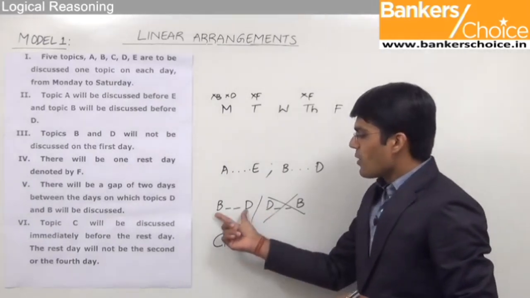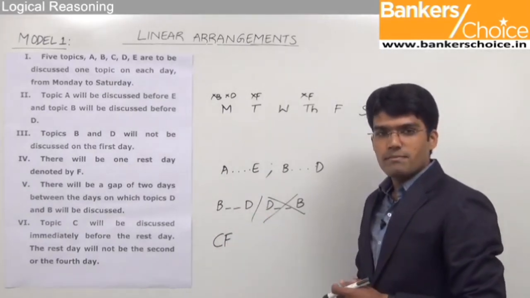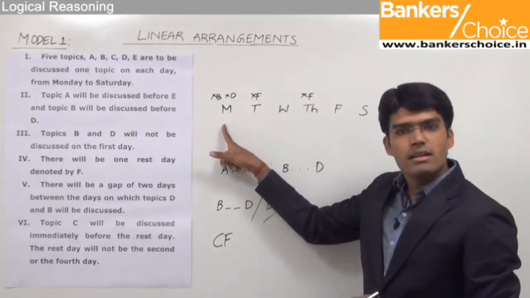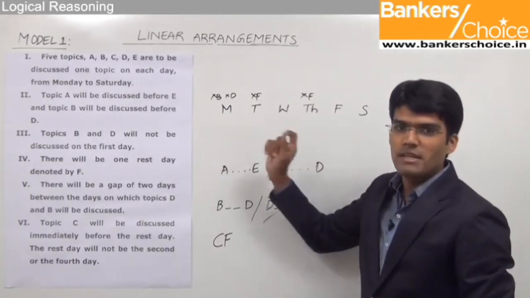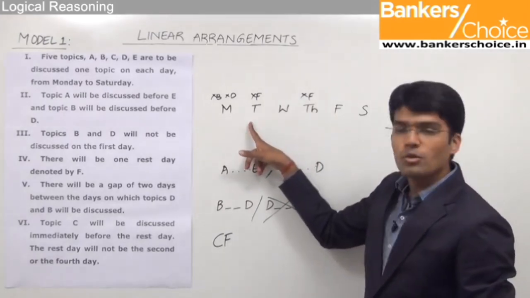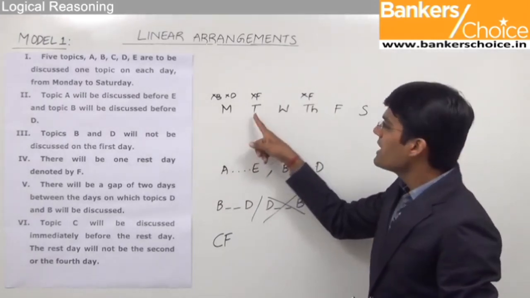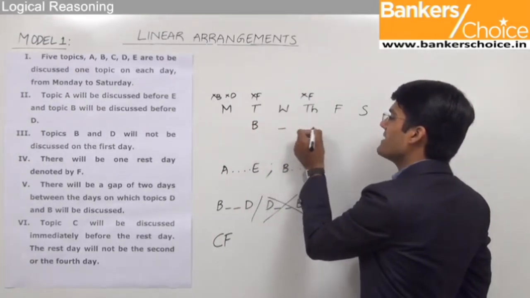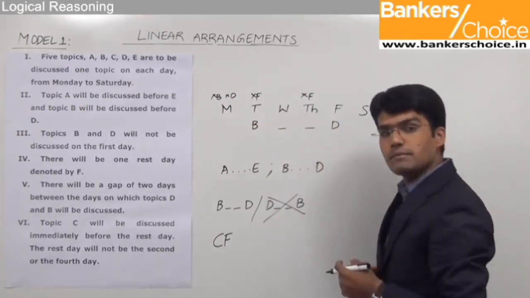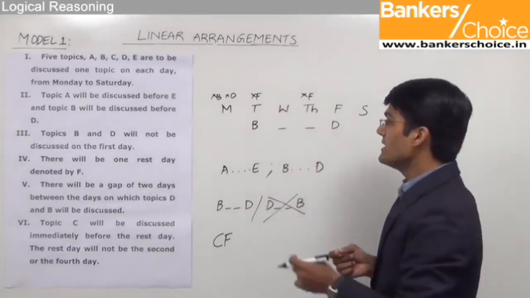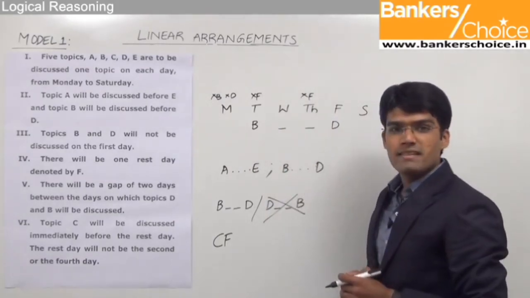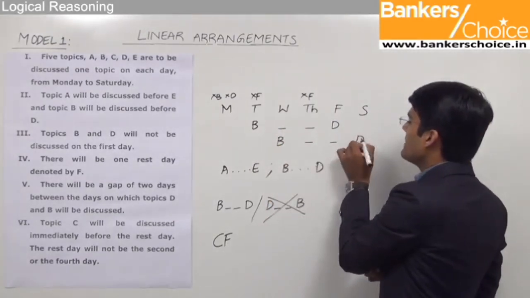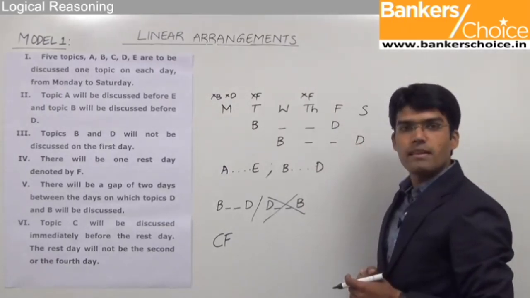Let us start with this point, that is there should be a gap of 2 days between B and D. As we know that B cannot come on the first day, we cannot have B here. But B can occupy Tuesday. So if B comes on Tuesday, there should be a gap of 2 days, that is Wednesday and Thursday, followed by D. The other possibility is B can come on Wednesday. So if B comes on Wednesday, there should be a gap of 2 days and then D comes on Saturday.